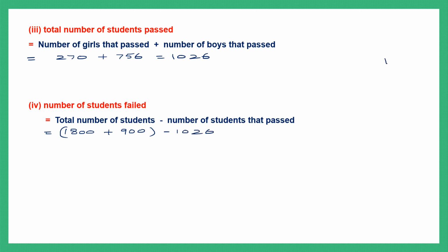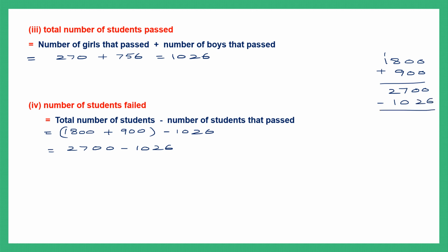Now let's add up 1,800 and 900. So add this up. 0, 0, 8 plus 9 is 17, carry 1, this is 2,700. So 2,700 minus 1,026 will tell us how many students failed. So minus, let's do it here itself. Now we need to borrow.